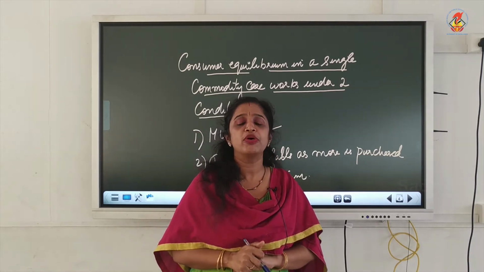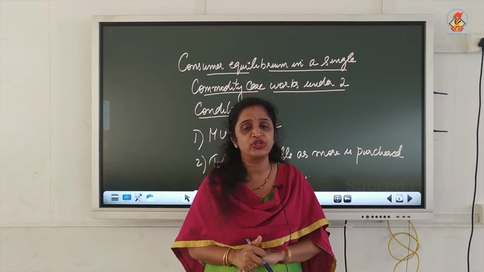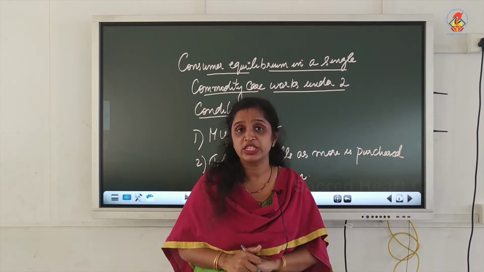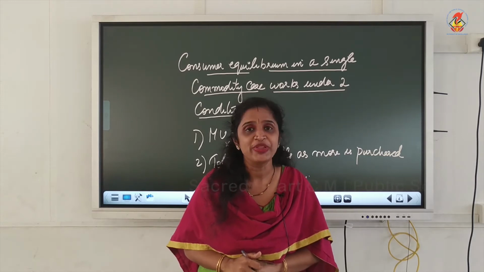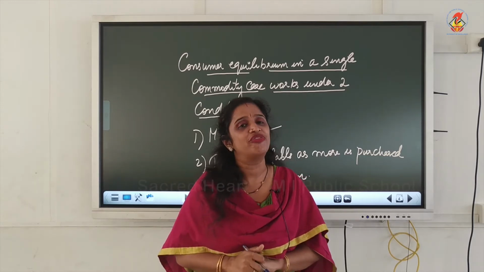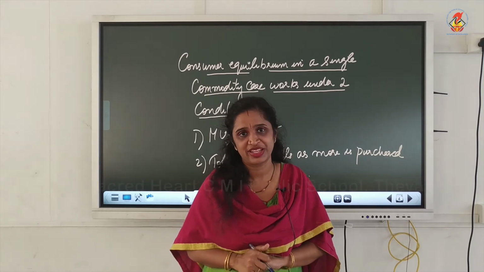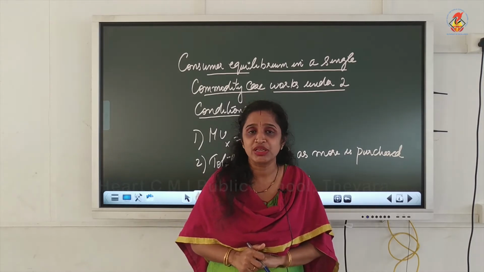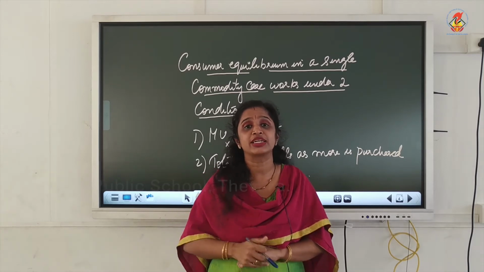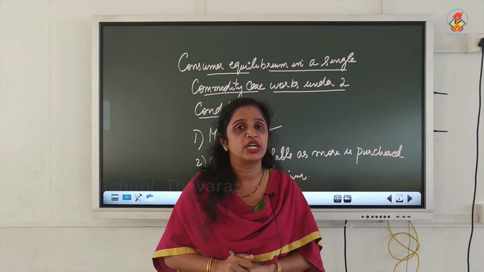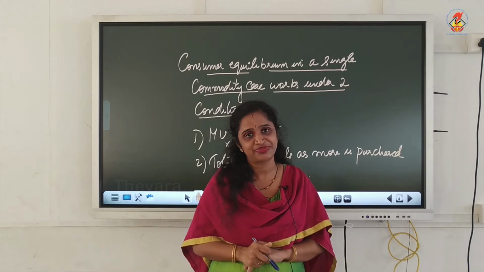So, when you learn about Alfred Marshall's theory, you have to remember the concepts that we learned in the last sessions, like total utility, marginal utility, and the law of diminishing marginal utility. Let me recollect those things. Total utility means the total amount of utility that a consumer derives from the consumption of one commodity.